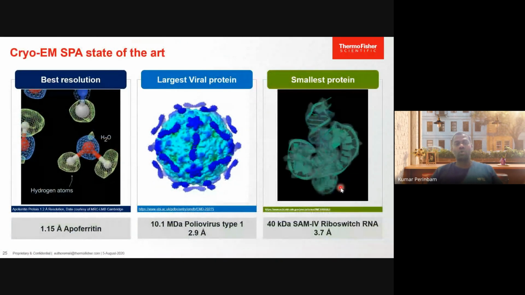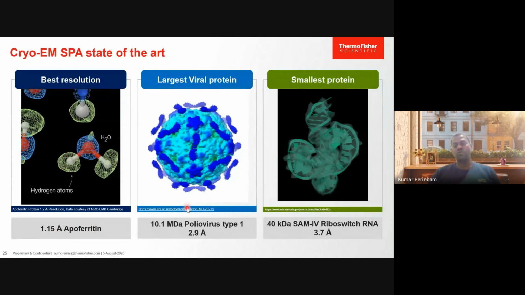Currently, the best resolution we have is 1.15 angstrom for apoferritin. It's as good as it can get with cryo-electron microscope, but still there's lots of research going on all over the world, especially on the life science side, where they're trying to improve this quality, or can we push it beyond 1 angstrom resolution?